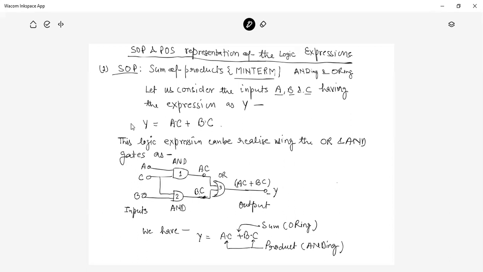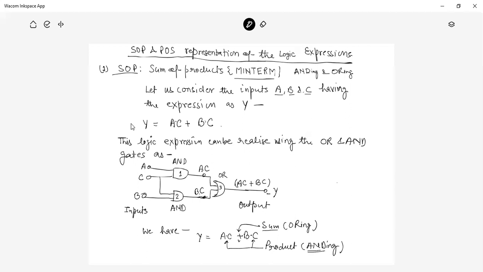So this is the sum of the product. Here the summation is the plus sign, and there is multiplication of A and C and of B and C, so it is the product.